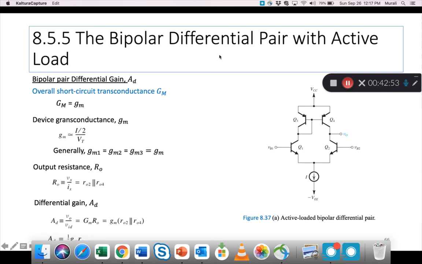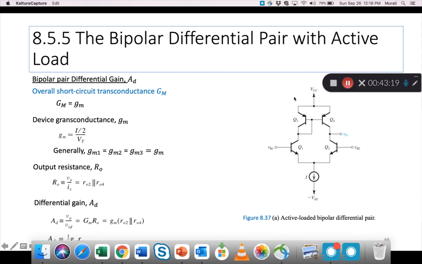Here we talk about the bipolar differential pair with active load. So this is not MOS anymore. Here we have NPN transistors. Same concept. Instead of having collector resistances, we put a current mirror consisting of two PNP transistors, Q3 and Q4.